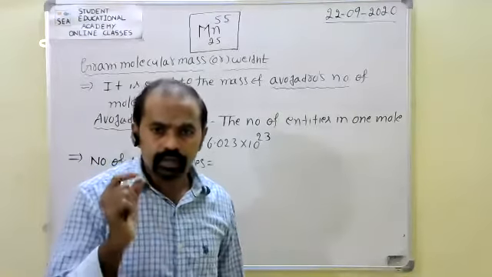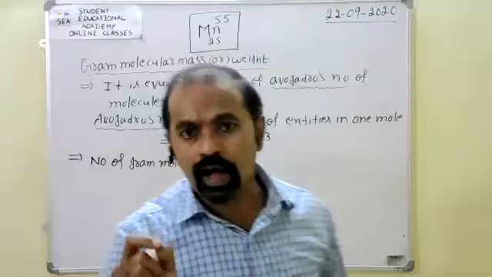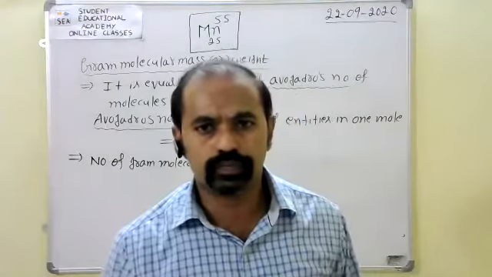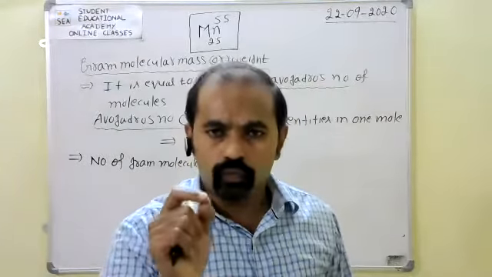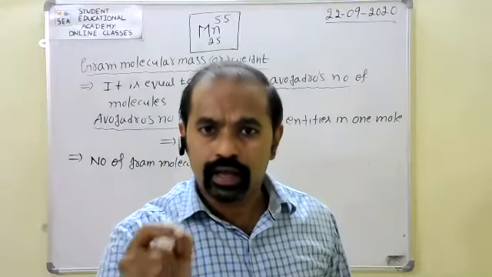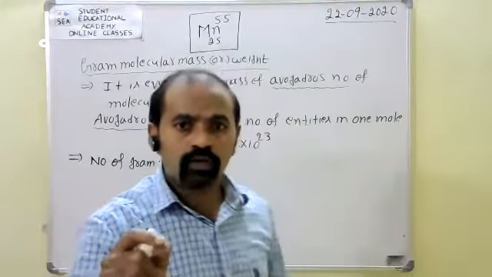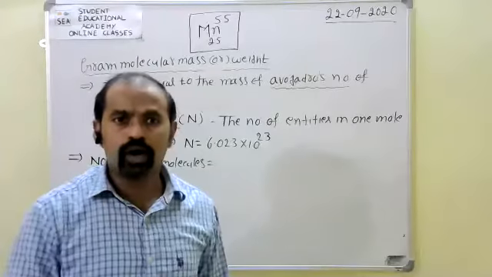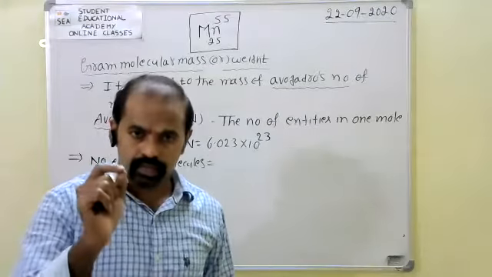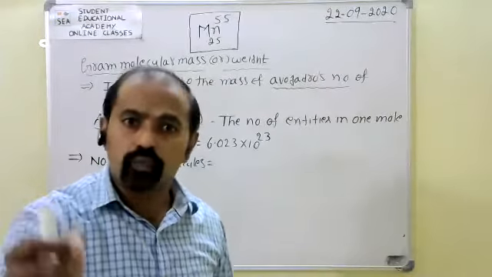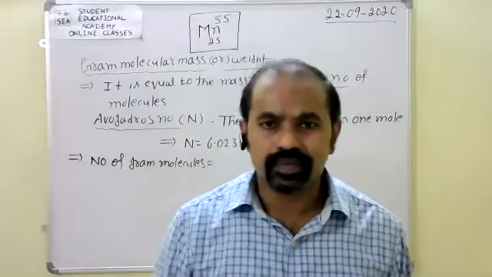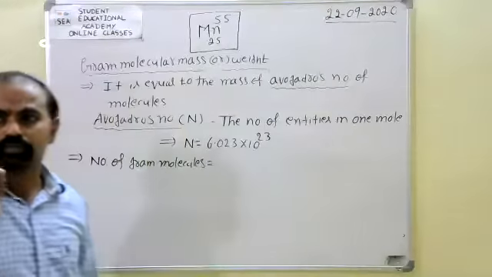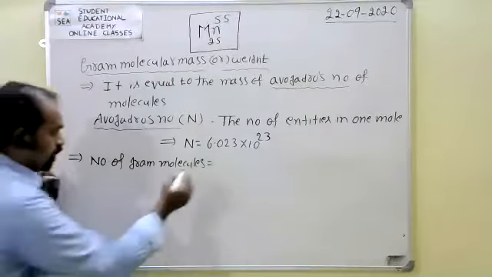The number of gram atoms is always equal to the weight of the given substance in grams upon the gram atomic weight. That is called the number of gram atoms.